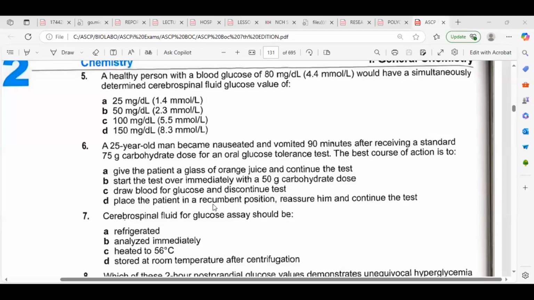So we expect the body to have assimilated the glucose of this test already. So we draw the blood for glucose because we are sure that within that 1.5 hours, we will get a certain value, sort of a preliminary value.